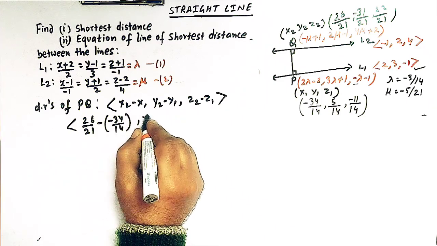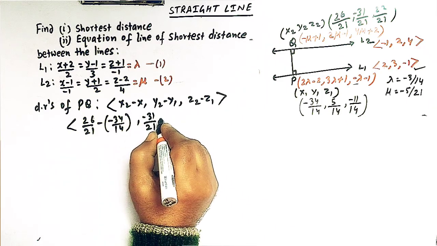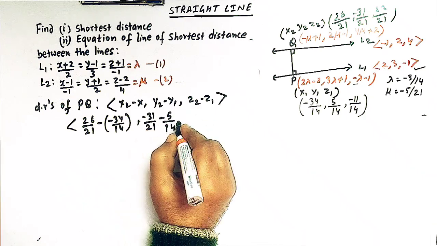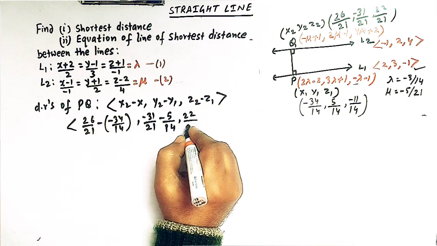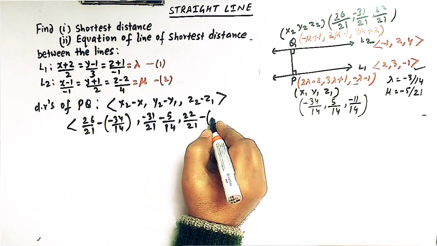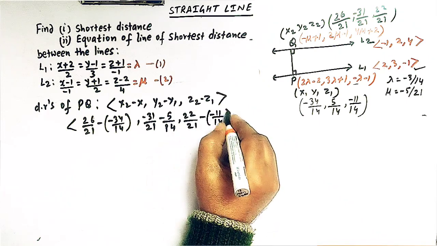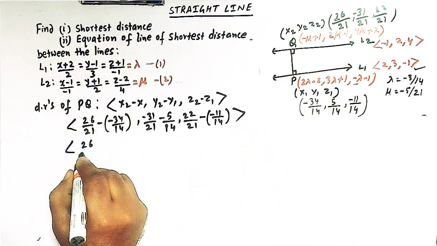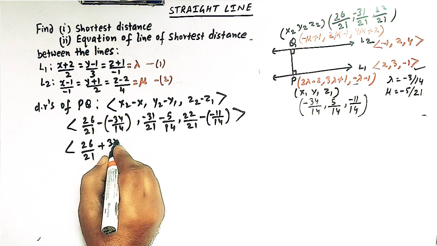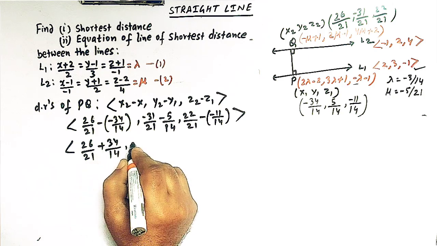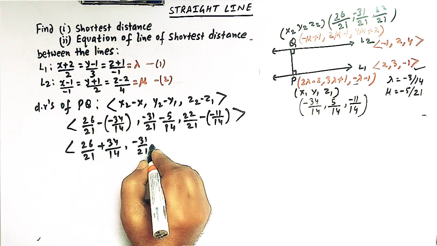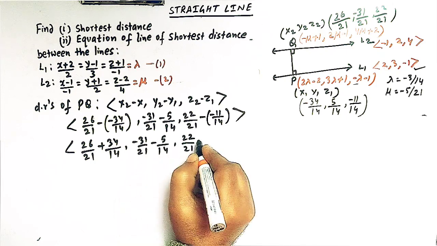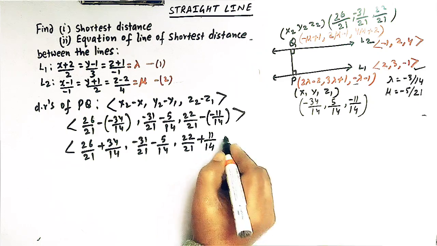Then we have minus 31 over 21 minus 5 over 14. Then we have 22 over 21 minus 11 over 14, right? So this is 26 over 21 plus 34 over 14, and minus 31 over 21 minus 5 over 14, 22 over 21 plus 11 over 14.